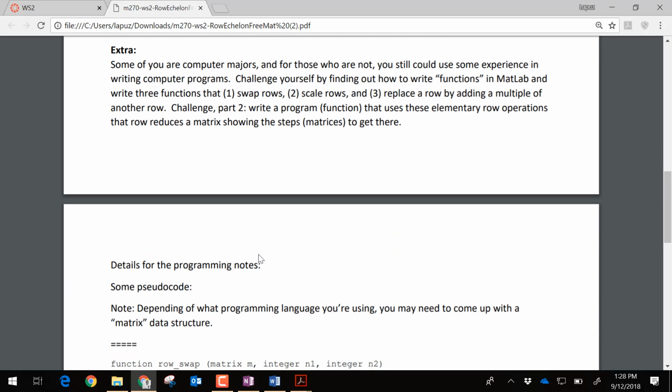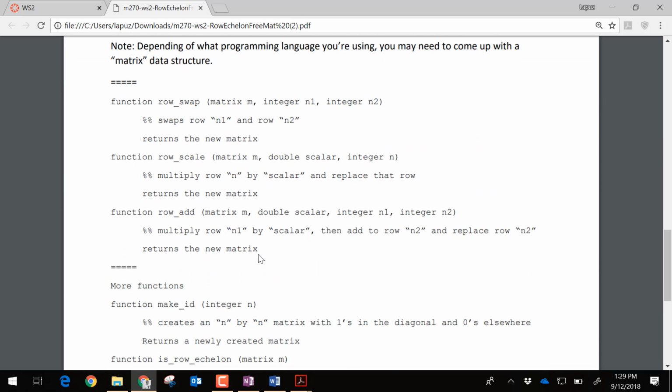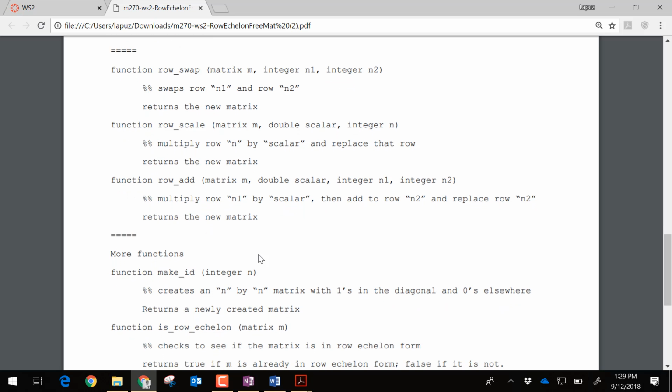And then I also have an extra thing if you want to work on this. To define functions, you can do this in MATLAB or in whatever other language you want, Python or C++ or Java. If you do it in those other languages, you have to create your matrix data structure so that you can work with that, because I don't think all those languages have a built-in matrix structure.